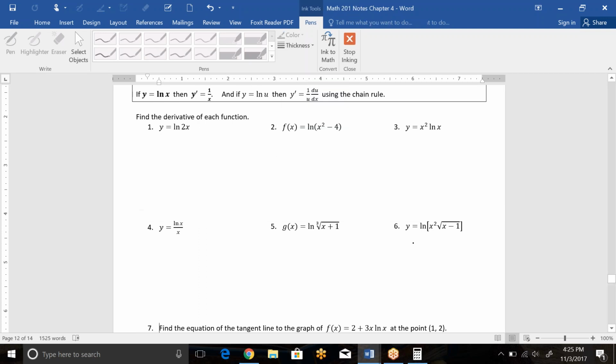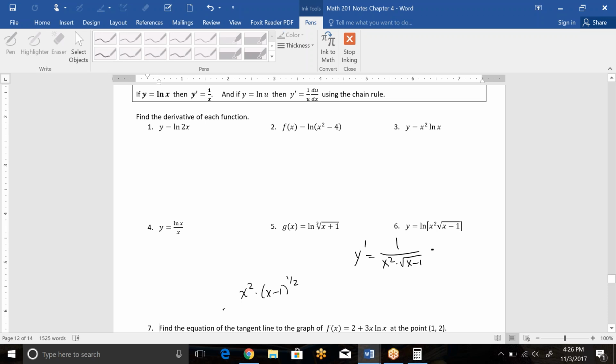So for us, natural log of this big blob here would be 1 over everything inside, but we have to then chain that times whatever the derivative of this denominator is. Because that is a product, you can think of it as x squared times x minus 1 to the 1/2, we're going to have to do the product rule.